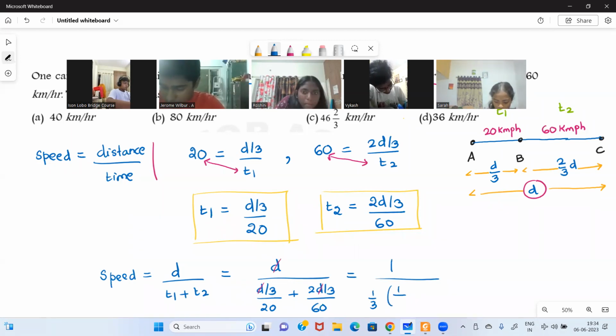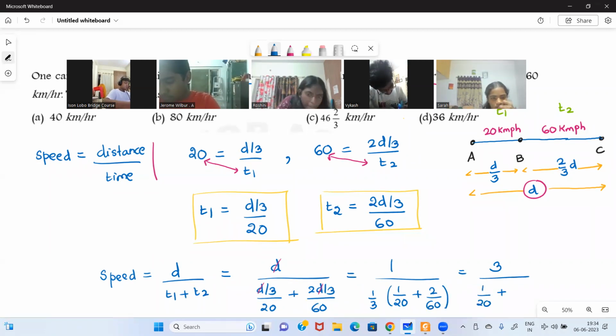So it becomes 1 by 20 plus 2 by 60. So this 3 which is the denominator comes to the numerator. So it is 3 divided by 1 by 20 plus 2 by 60.